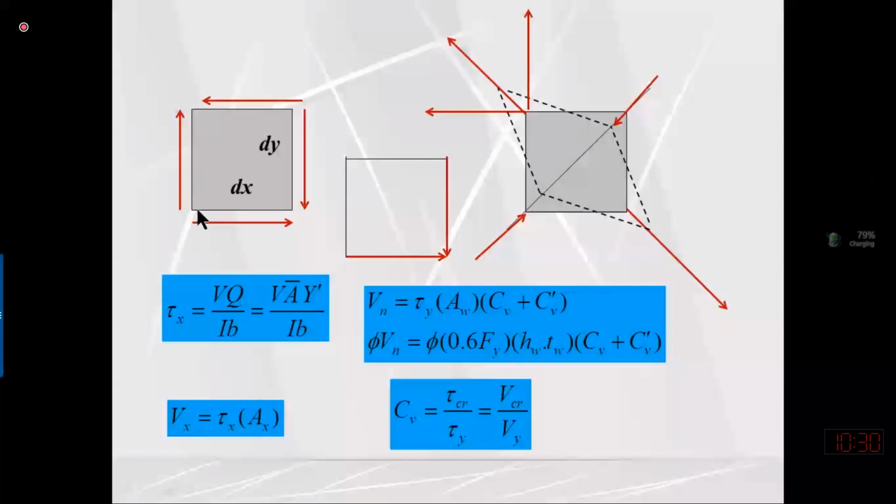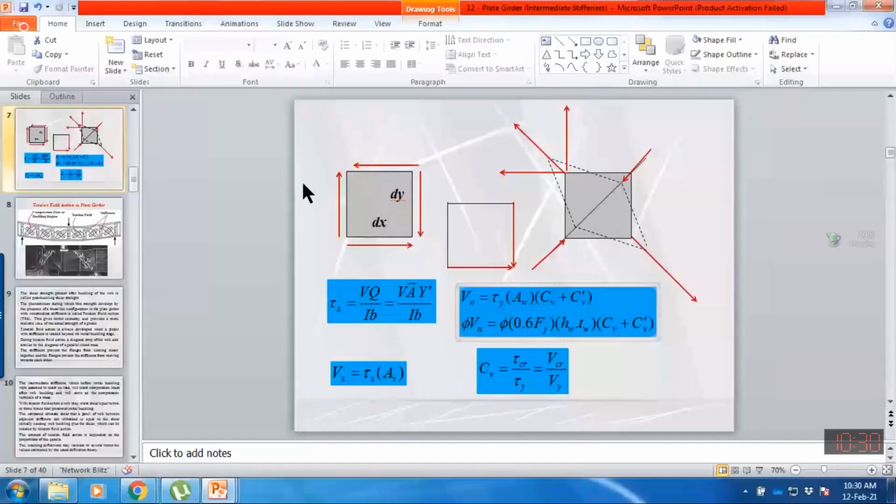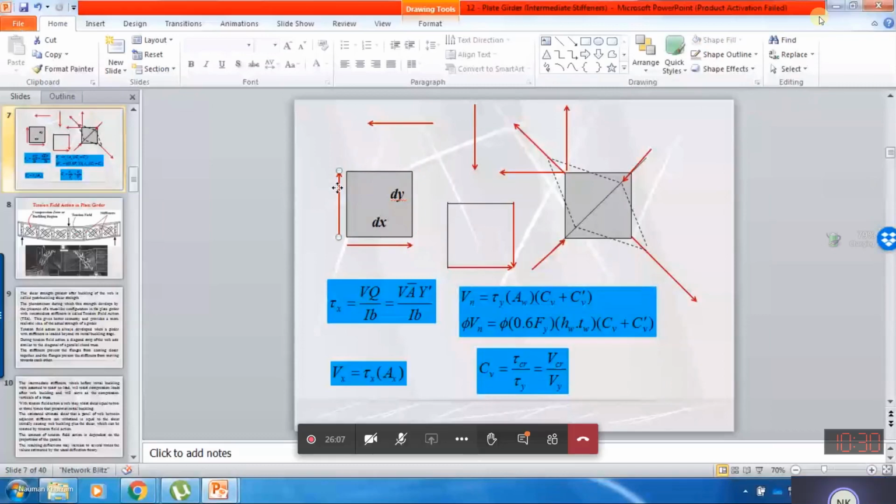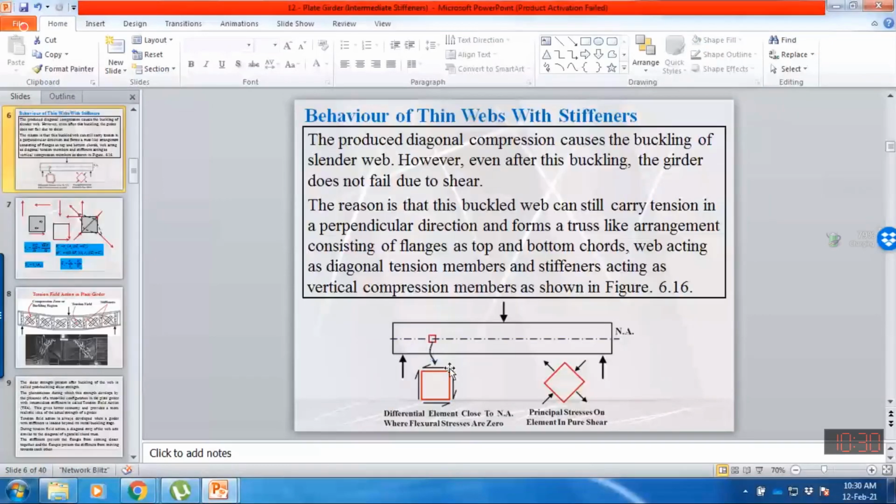Just to explain this, let me separate out these forces first, so that you will be able to understand. What I have done is I have taken a very small element along the neutral axis, and you can say that the height of this element may be dy and the thickness may be equal to dx, differential, very small.